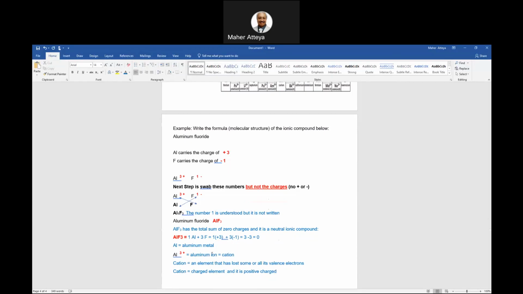And the outermost valence electrons, we'll come back and look at this one.